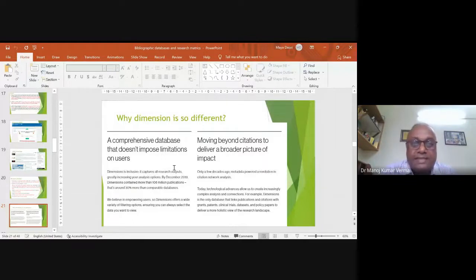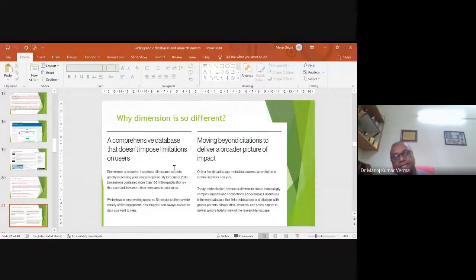Why is Dimensions so different from Scopus or Web of Science? Because it is a comprehensive database that does not impose any limitation on users, meaning you can openly retrieve whatever information you want. It moves beyond citations to deliver a broad picture of impact.